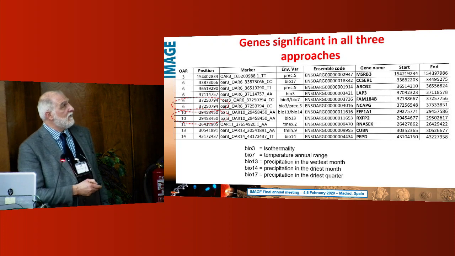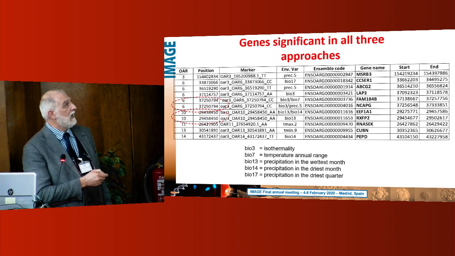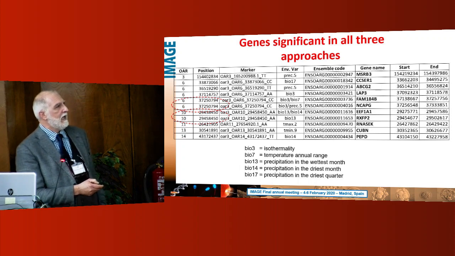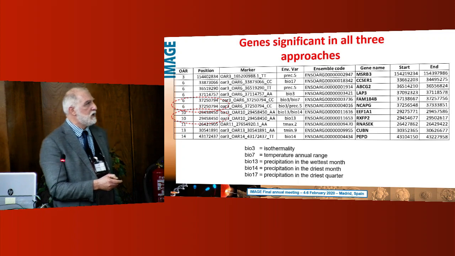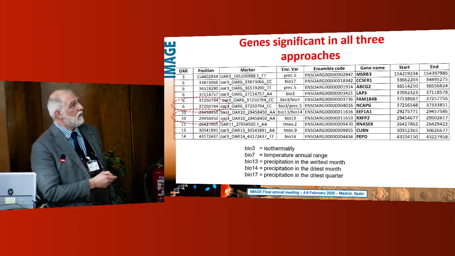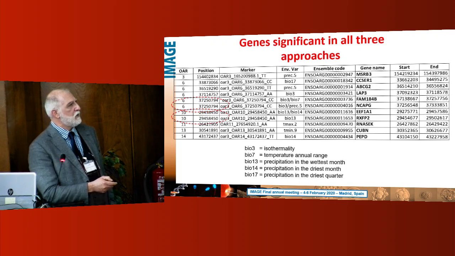And these are the 11 genes. Some are so close, like FAM184B and NCAPG, that they have been identified basically by the same marker, and also in this case, RXFP2 and this one.